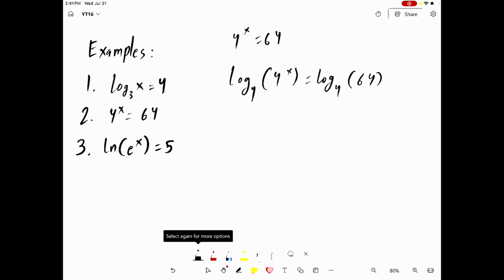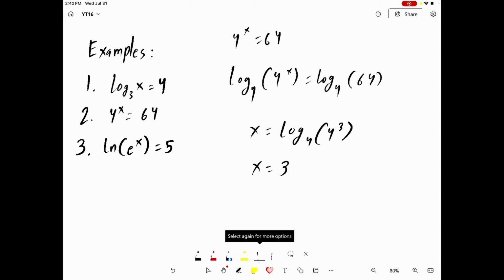Logarithm base 4 of 4 to the x is x. Now 64 can be written as 4 cubed. Logarithm base 4 of 4 cubed, or logarithm base 4 of 4 to the x, is x. So if we replace x with 3, we get 3. So x is equal to 3 is the answer to our second example.